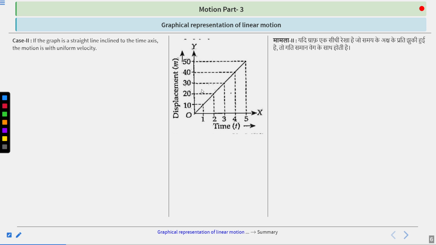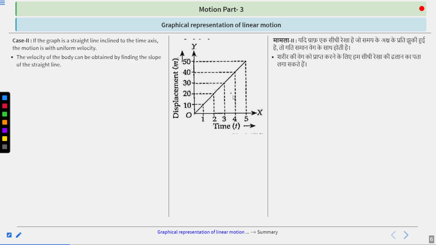Case 2, if the graph is a straight line inclined to the time axis, the motion is with uniform velocity. Similarly, you can see this is the uniform velocity. At 1 it is 10, at 2 it is 20, at 3 it is 30, at 4 it is 40, at 5 it is 50. Okay, uniformly, the displacement and the time interval are the same.